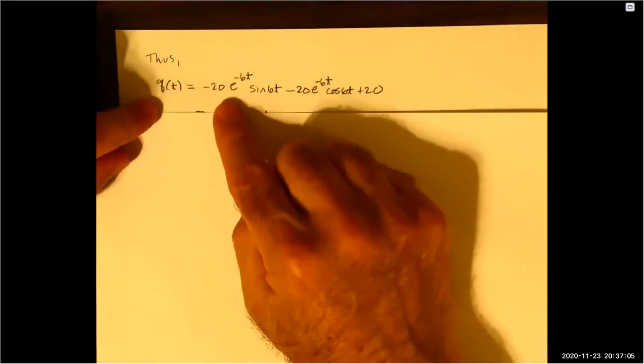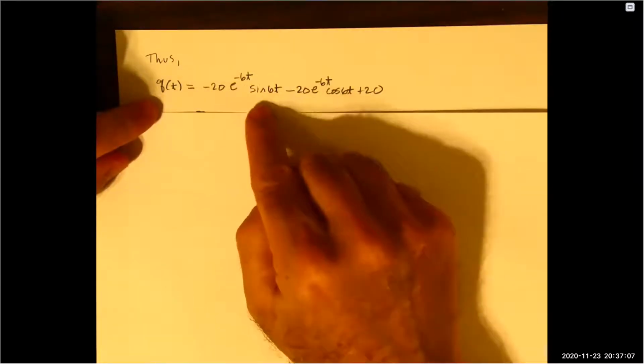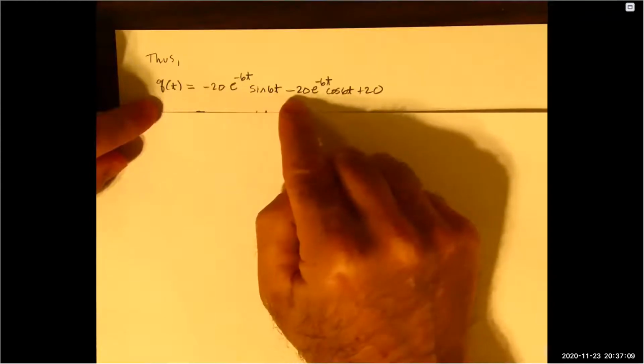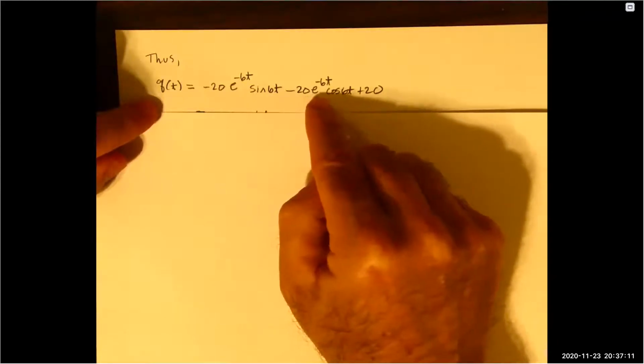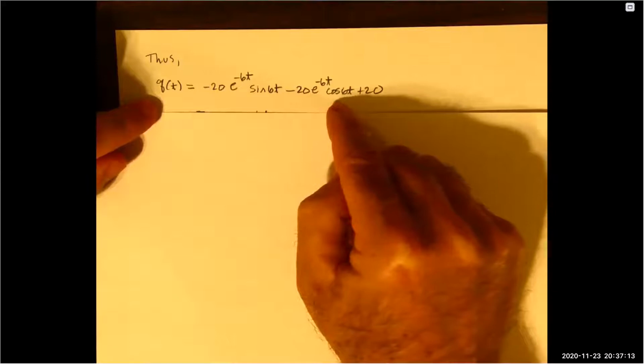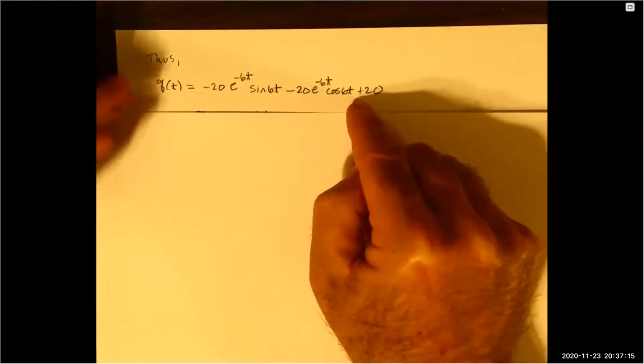So what that means then is I have my q of t is equal to minus 20 e to the minus 6t times sine of 6t, and then minus 20 e to the minus 6t times cosine of 6t plus 20.